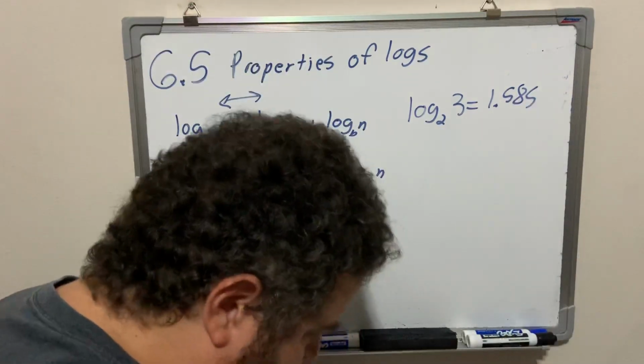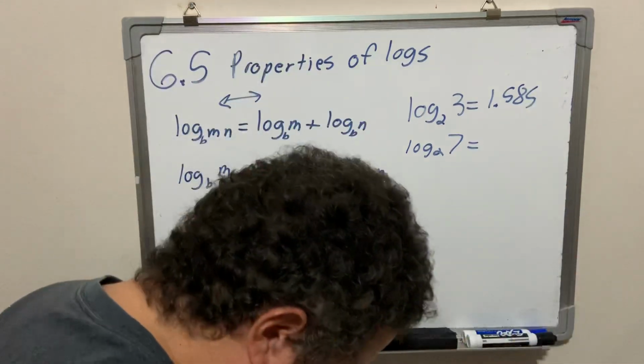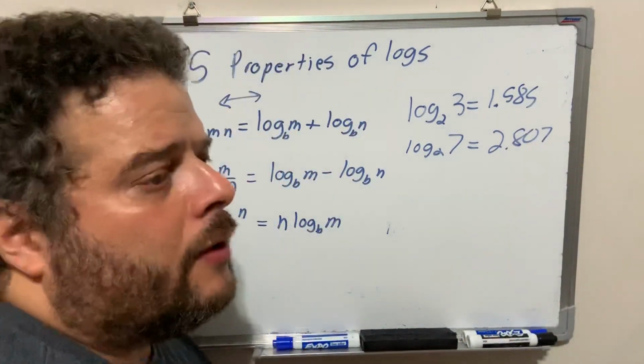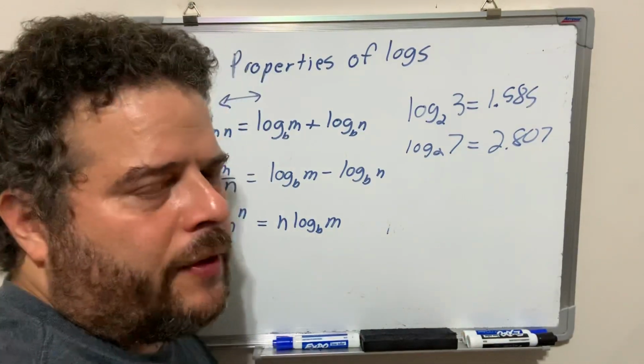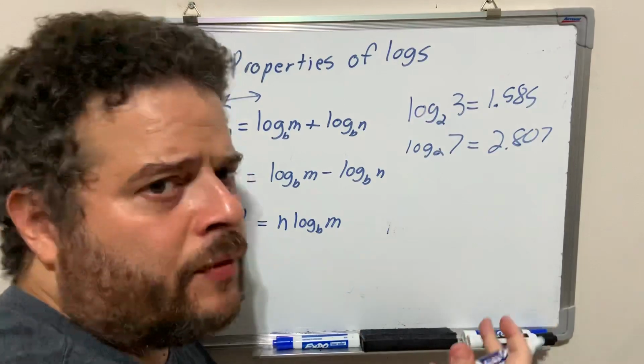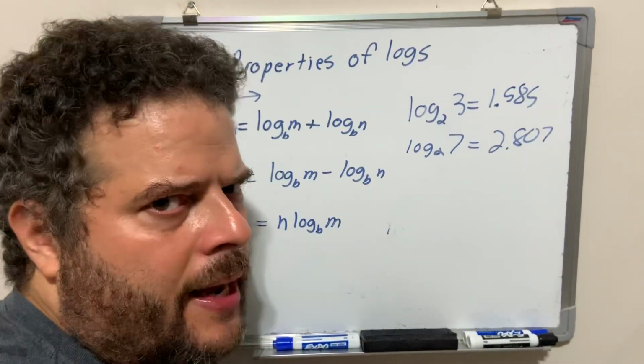And they're also telling you log base 2 of 7 is 2.807. Again, you don't have to remember these numbers. You don't have to know this. When you're working with these types of problems, they will give you the values of the logs you will be using. Otherwise, have a calculator at hand.